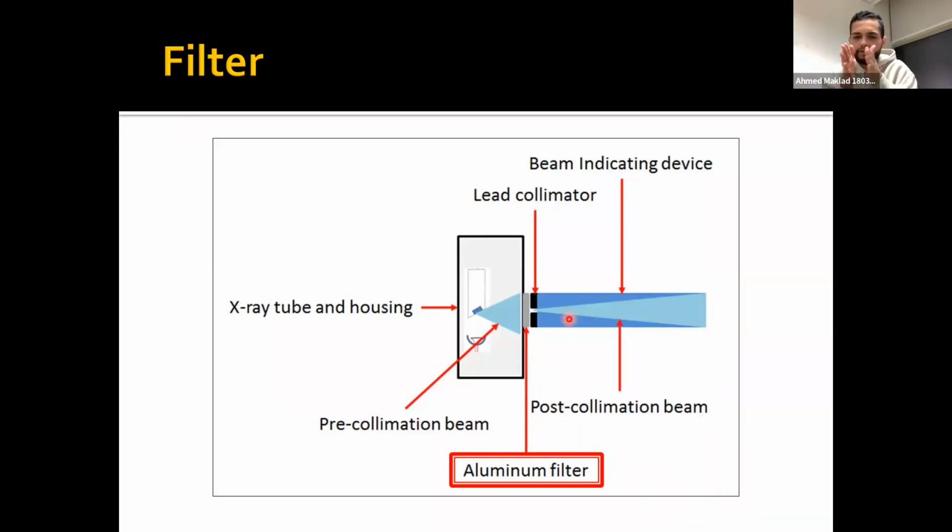So the smaller the slit is, the better. It just concentrates them. So instead of all the X-rays going right and left in a wider angle, it decreases this angle, so it's more focused on the patient, right? You don't want all those X-rays just going away. You want them on the patient. So this is basically what this lead collimator does. I don't know how to say it, but you get it.